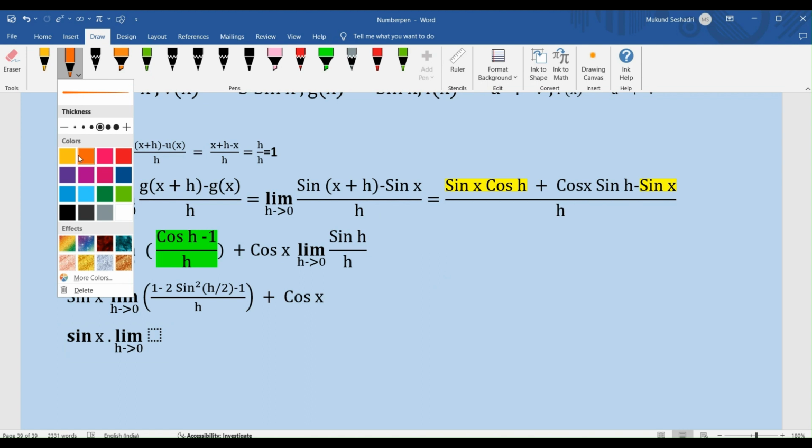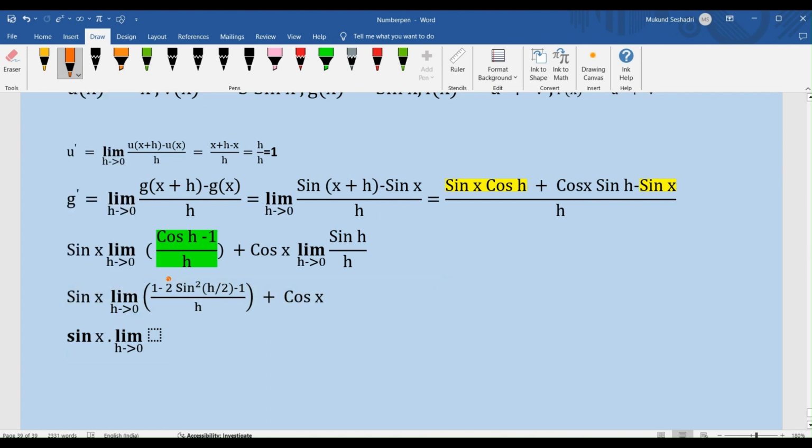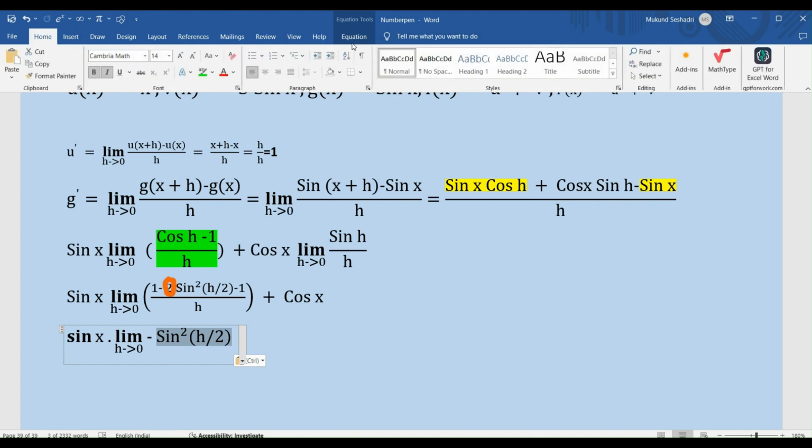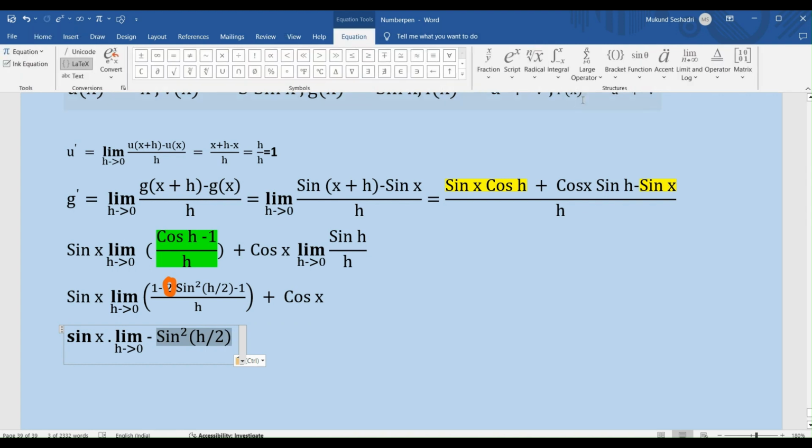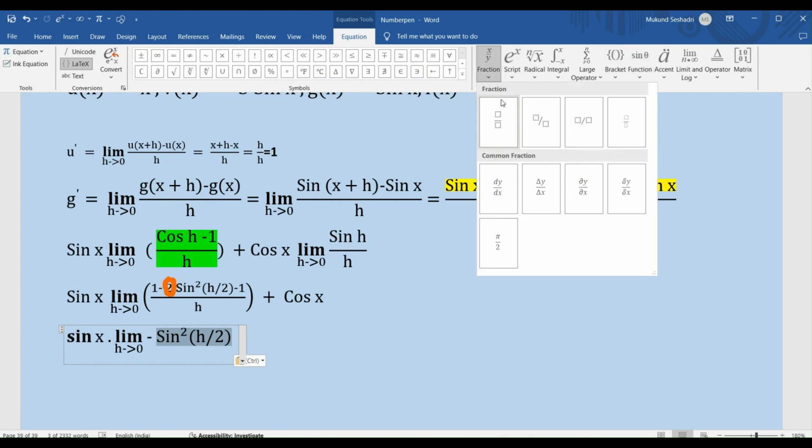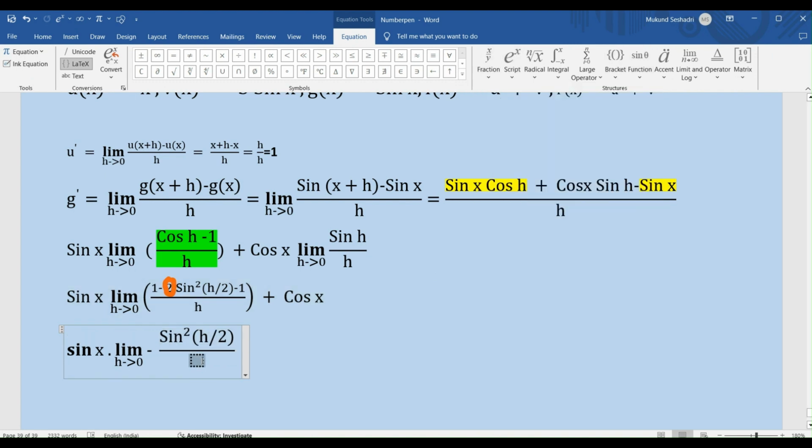I'm going to bring this 2 down, moving it to the denominator. So I have a minus of sine square h by 2 because my 1 is gone now, right? And then I have h by 2 in the bottom, right?